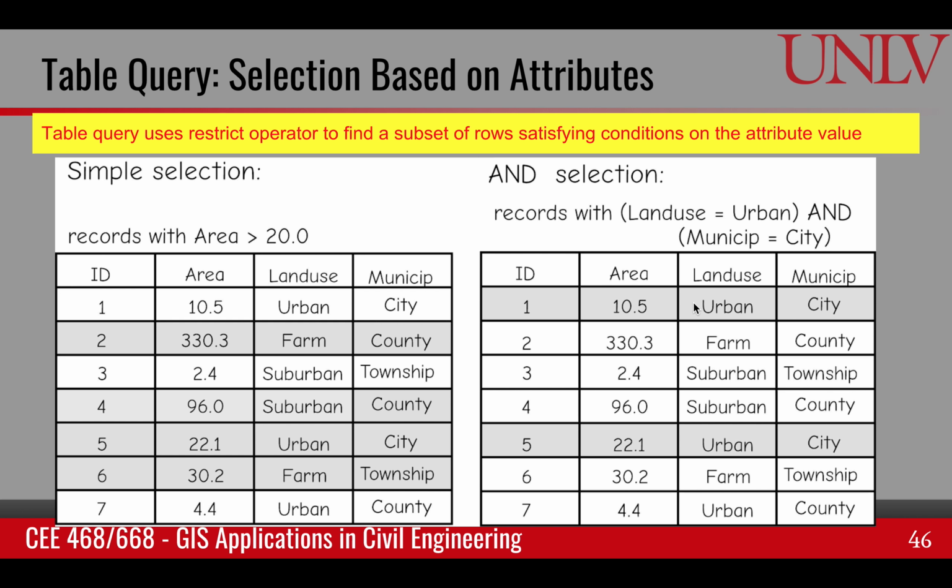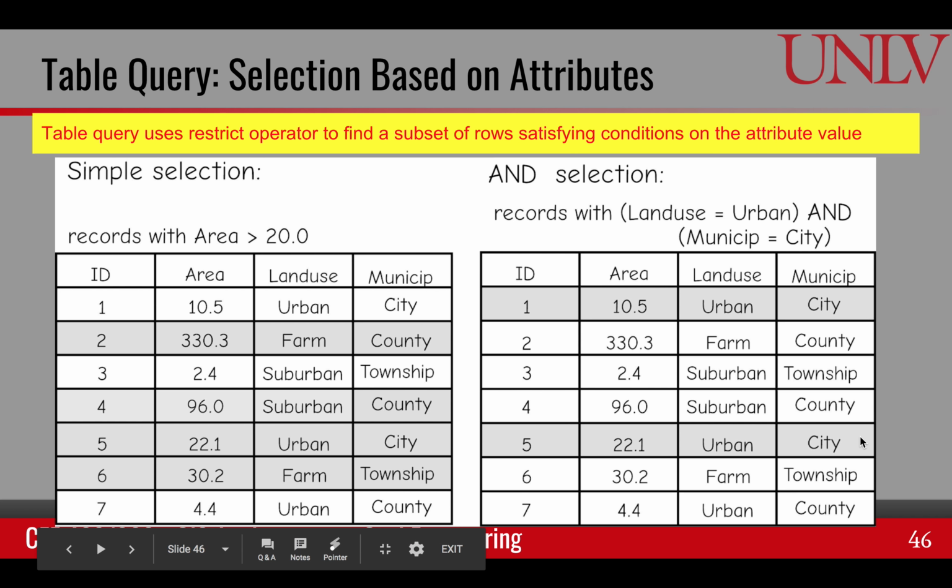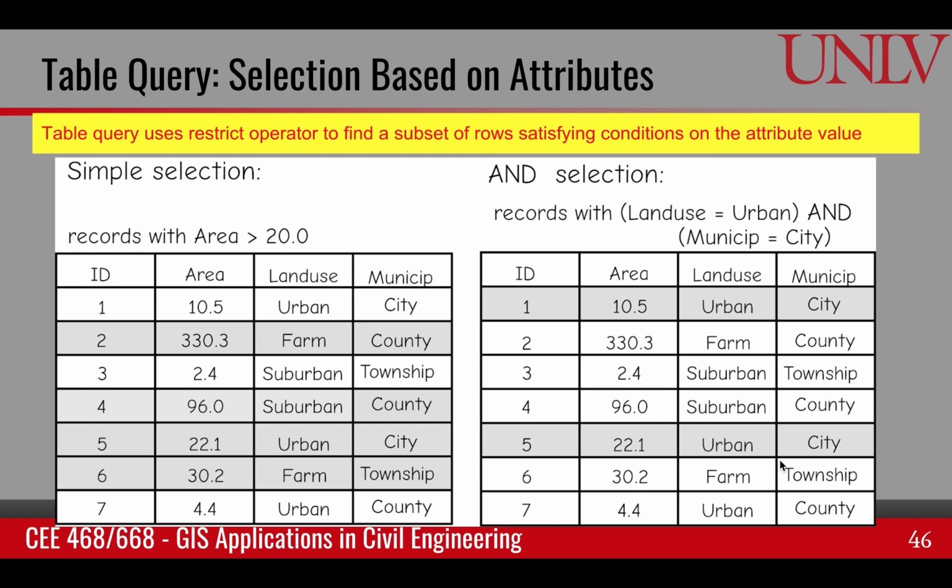So land use is equal to urban is true, and municipality is equal to city is true, only satisfied by this first row and the fifth row. So these are restricted or selected in the process.